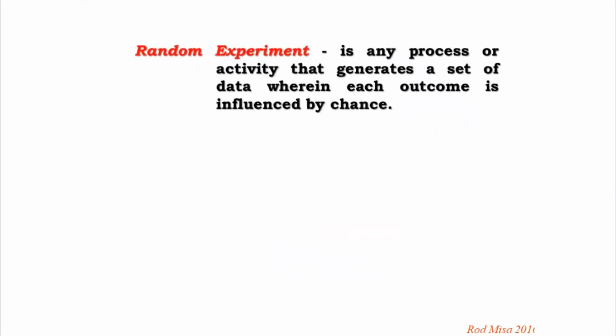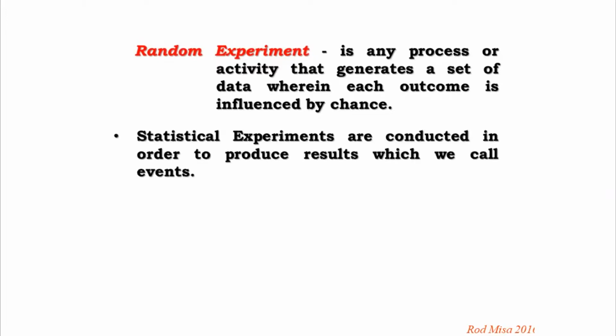A random experiment is any process or activity that generates a set of data wherein each outcome is influenced by chance. And statistical experiments are conducted in order to produce results which we call events.